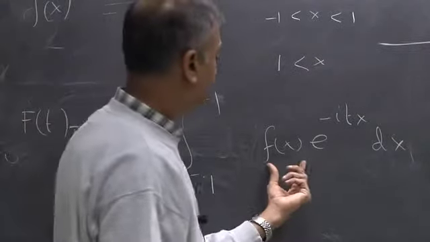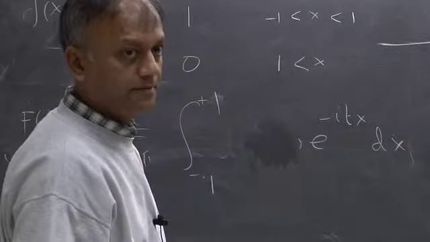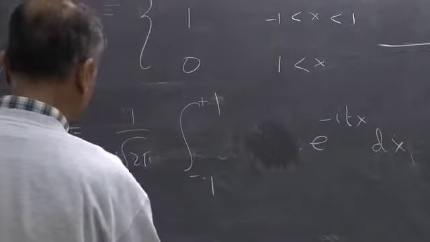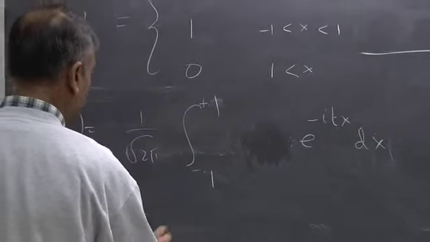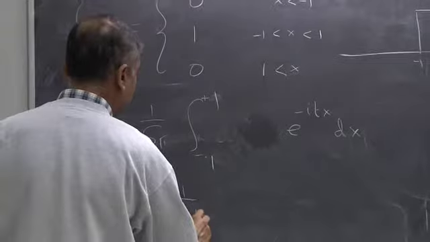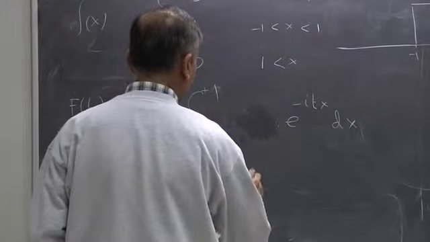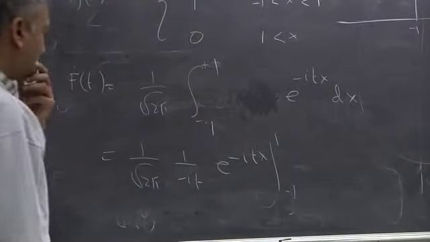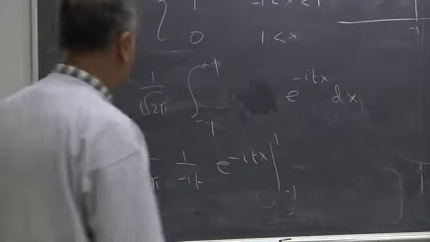And there the f of x is 1, so it's just that. So this integral just gives me 1 over root 2 pi, 1 over minus i t, e to the minus i t x evaluated between 1 and minus 1.